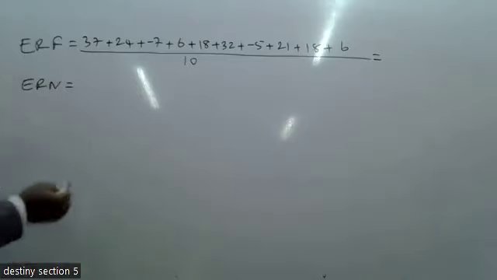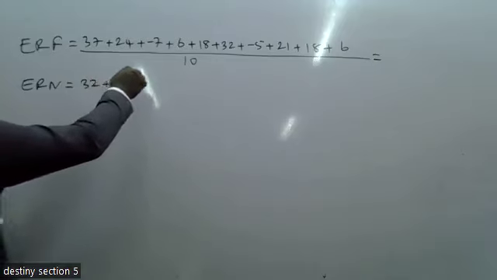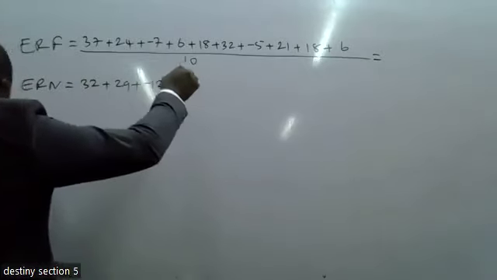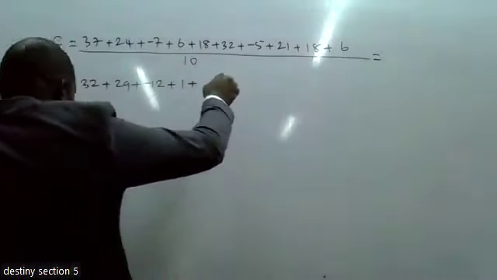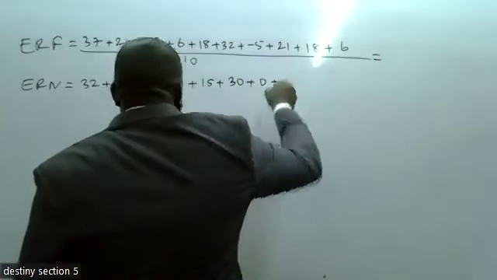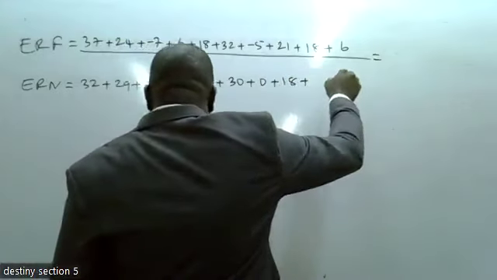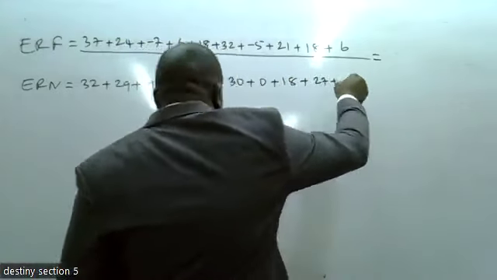So to repeat: 32, then we also add 29, we also add -12, we also add 1, we also add 15, we also add 30, we also add 0, also add 18, we also add 7, also add 10, and also divide by 10.